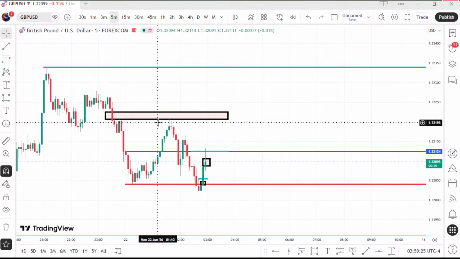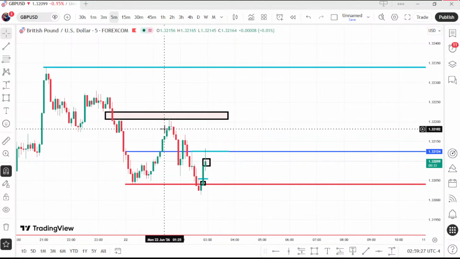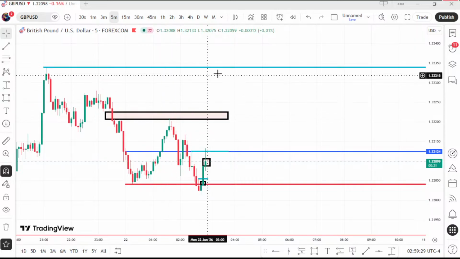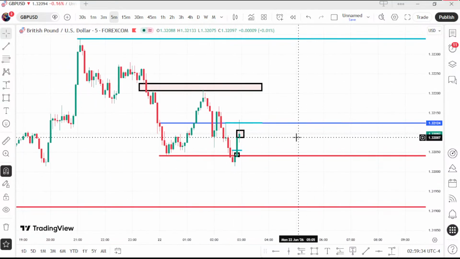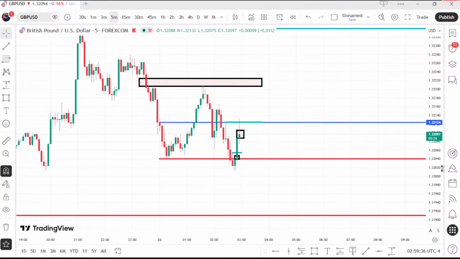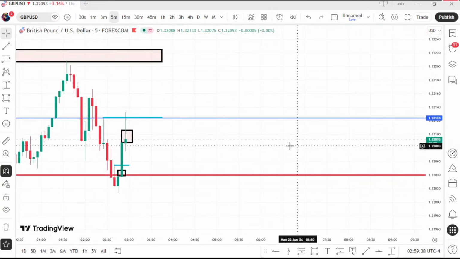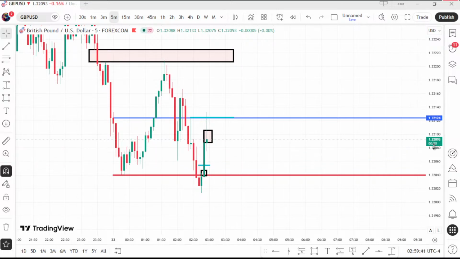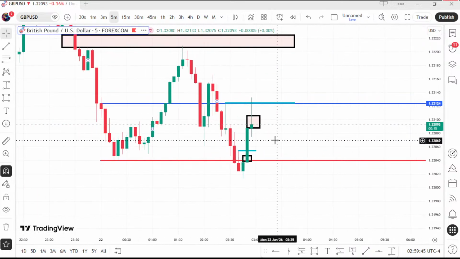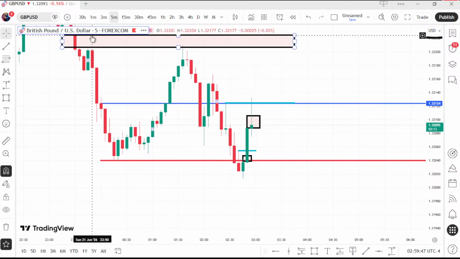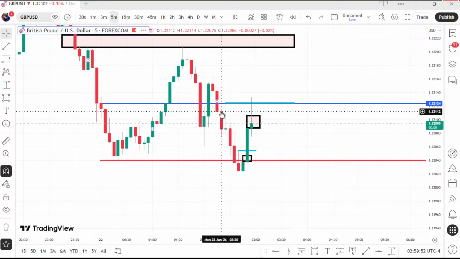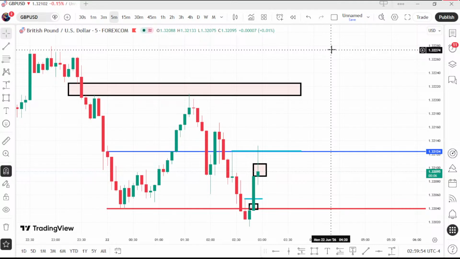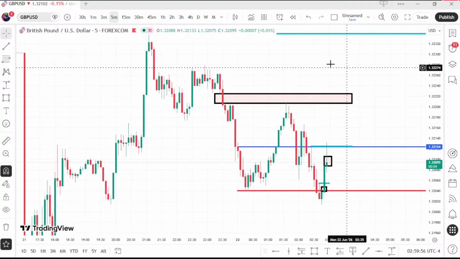So these are going to be some small buy side liquidities to here, but let's wait and see if price will form a fair value gap in the next less than 20 seconds. We're going to wait and see if we have a fair value gap in the 5 minutes there. If it will have a fair value gap, because this is a market structure shift, then price rallies to those buy side liquidities there.